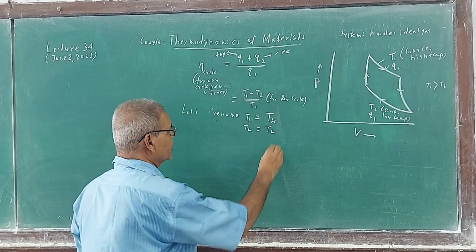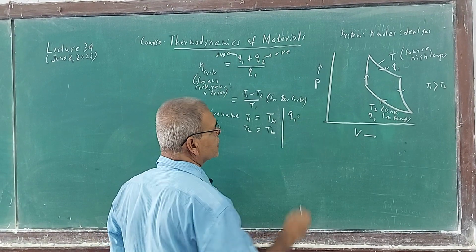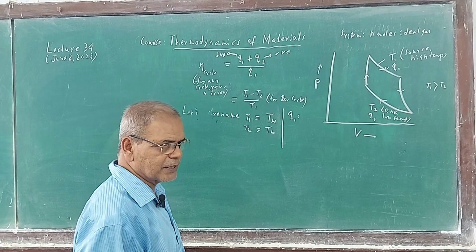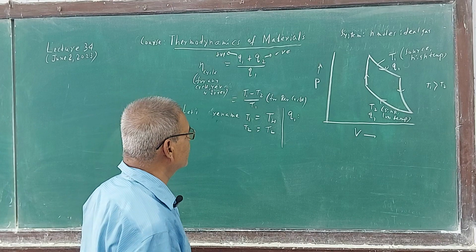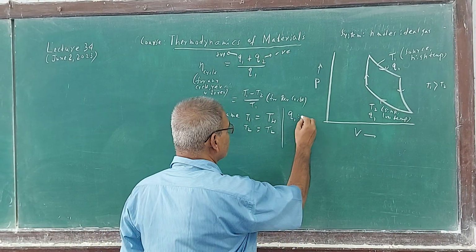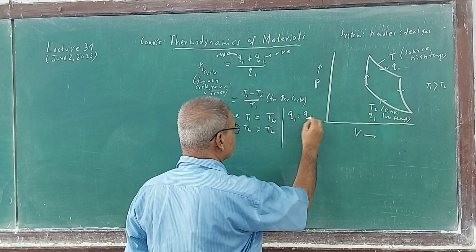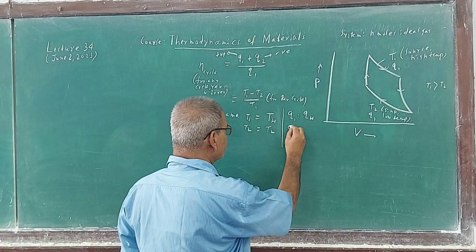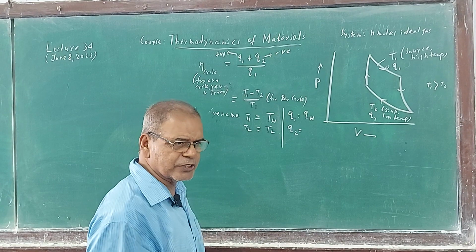And another important thing here, Q1 is likewise the heat absorbed by the system. The system is the engine, the cyclic engine. Q1 is positive, so remember Q1 is QH.